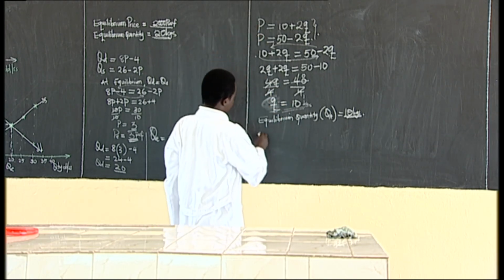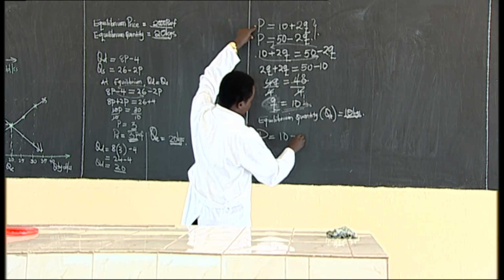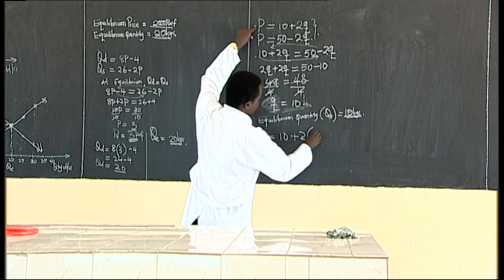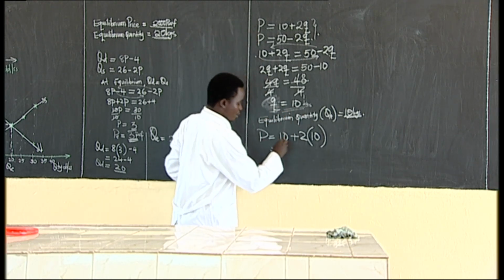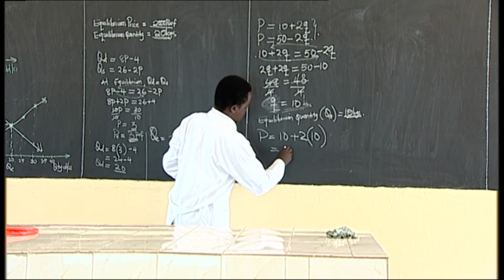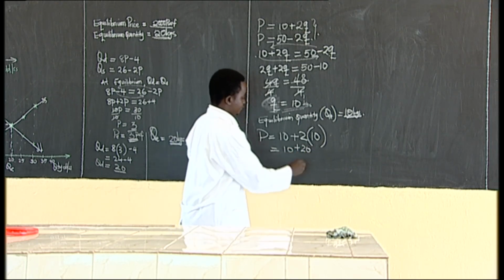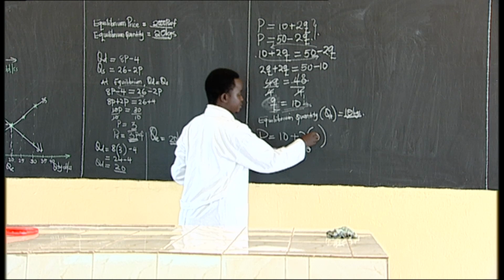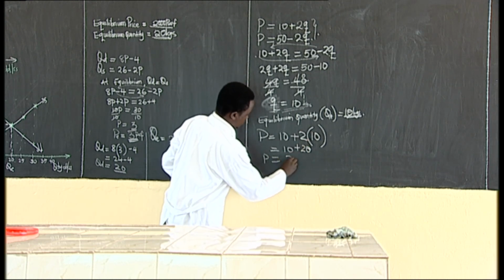For example, from this equation, P is equal to 10 plus 2 times the value of Q, which is 10. Here you are going to get 10 plus 20. 20 from where? 2 times 10. And therefore, your P is 30.